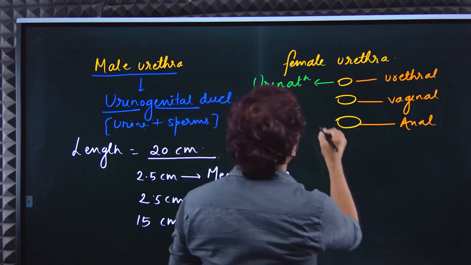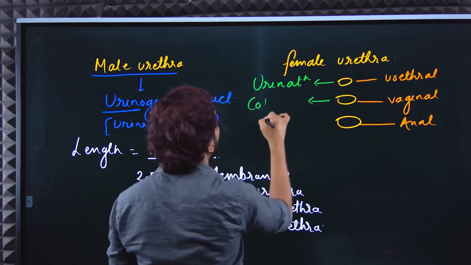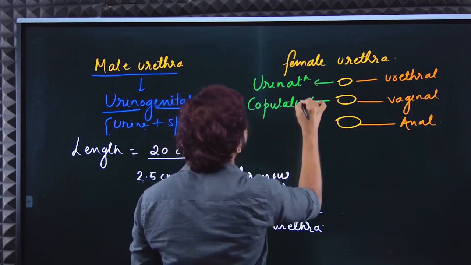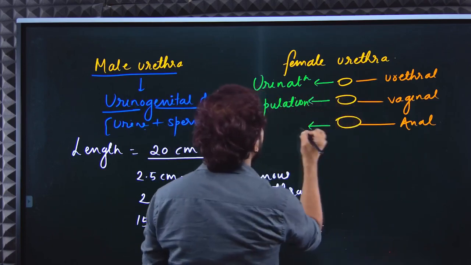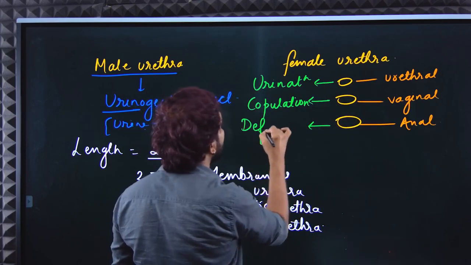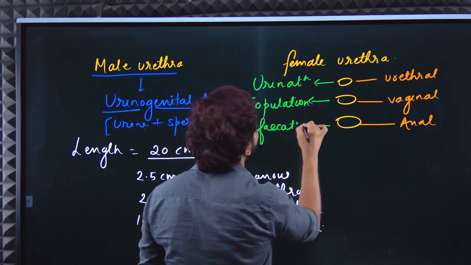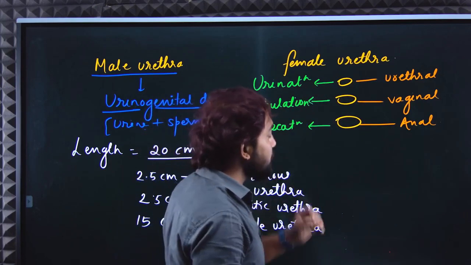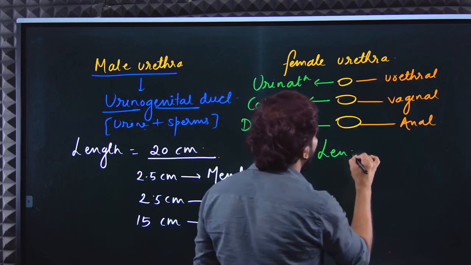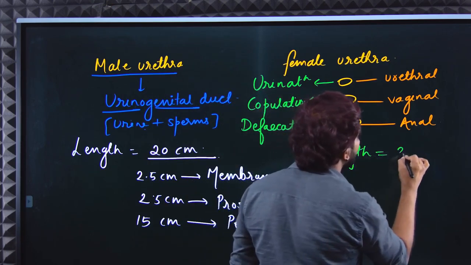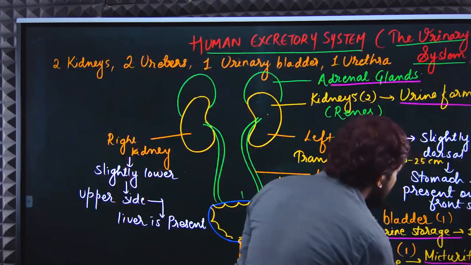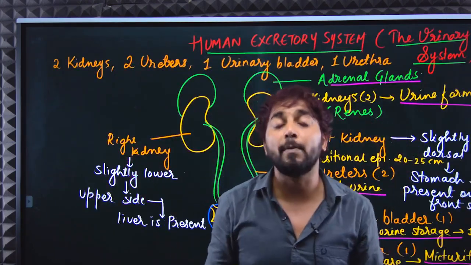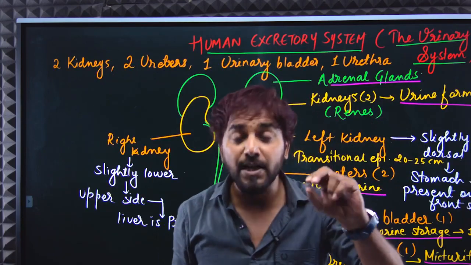The vaginal opening is for copulation, coitus, intercourse. And the anal opening is for defecation, removal of fecal matter. The length of the female urethra is just about 3 to 4 centimeter.